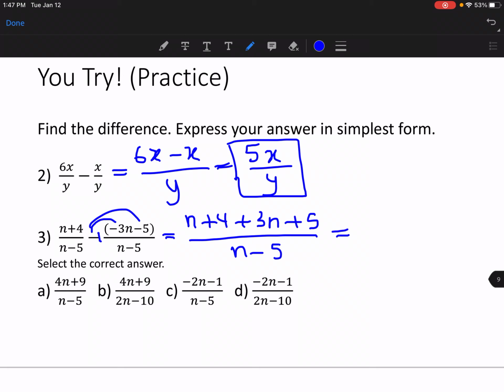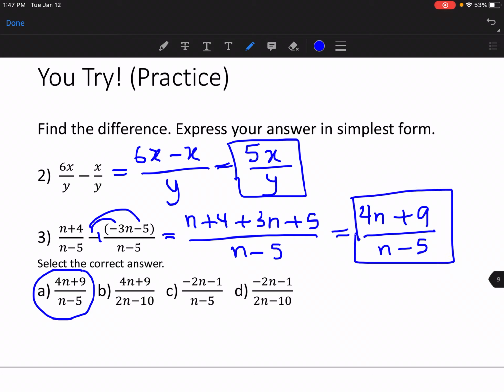So n plus 3n gives me 4n, and 4 plus 5 is 9. So 4n plus 9 all over n minus 5. Now I'm going to look at my answer choices. Therefore, A is my answer, which is 4n plus 9 over n minus 5. We cannot factor anything out, so that will be my answer for that.